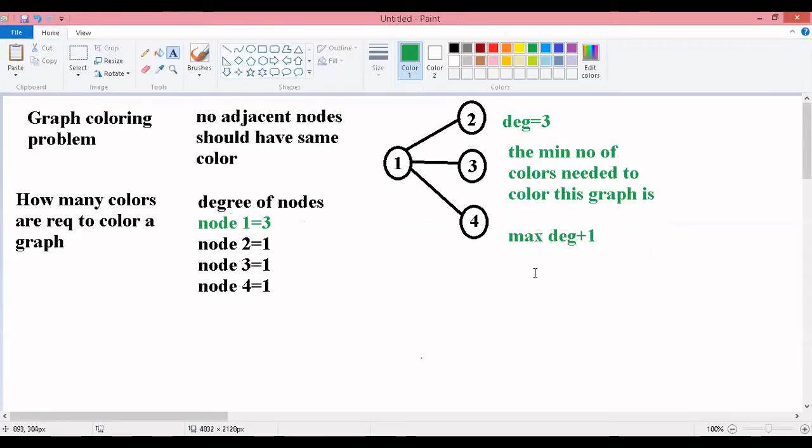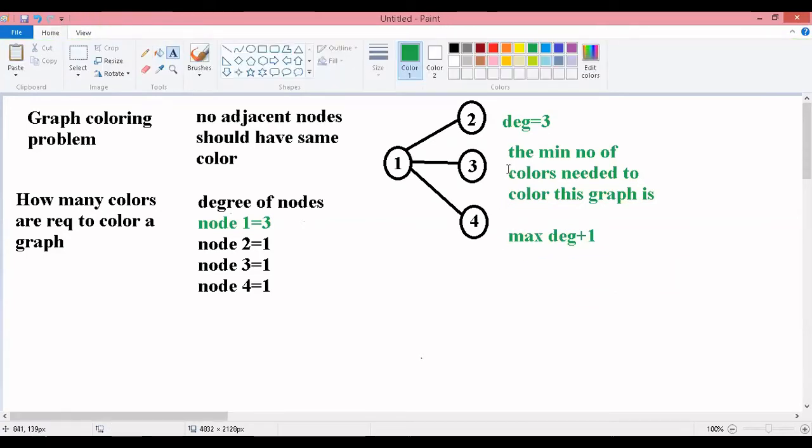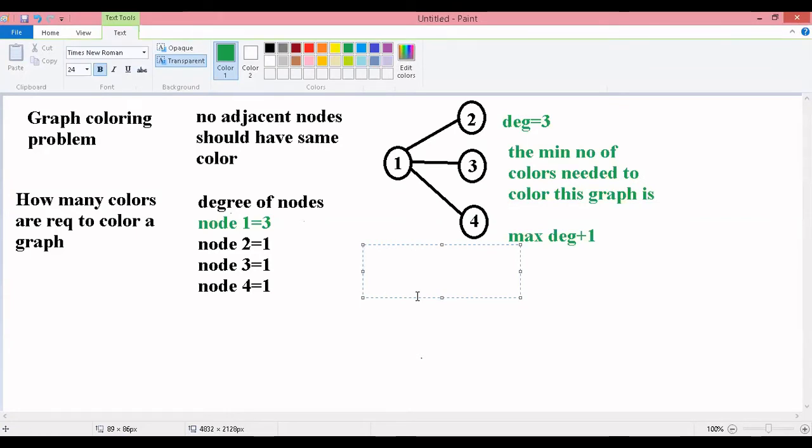The meaning is, the degree of this graph is 3, and the number of colors needed to color this graph is 3 plus 1, which is equal to 4.